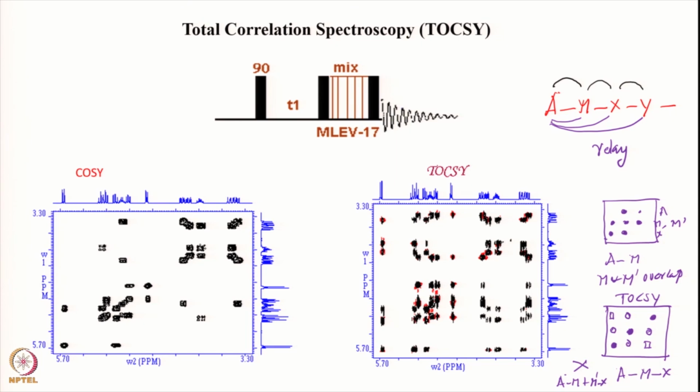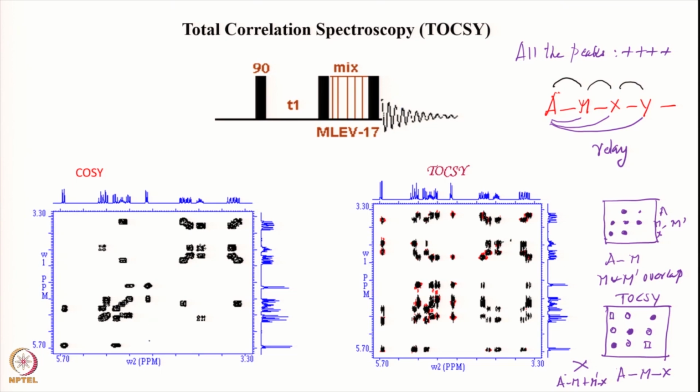The second important point here is all the peaks will have in-phase character. Another important factor which I should mention is that all the peaks are plus plus plus plus. There is no plus minus at all, okay.